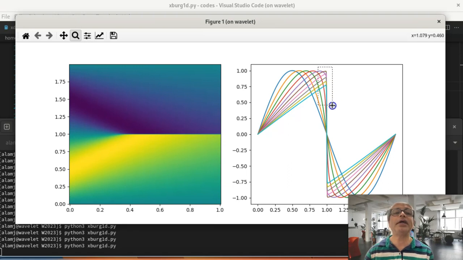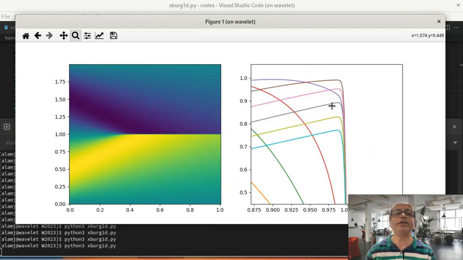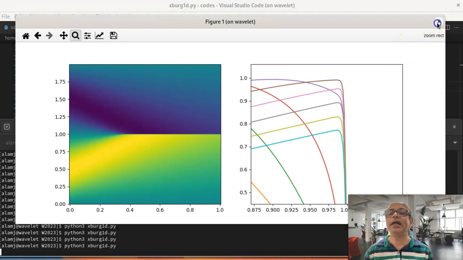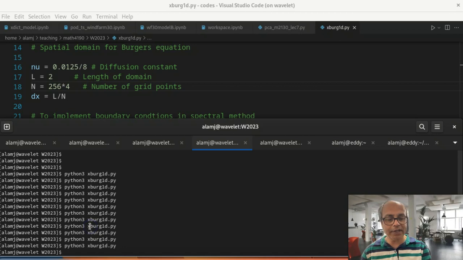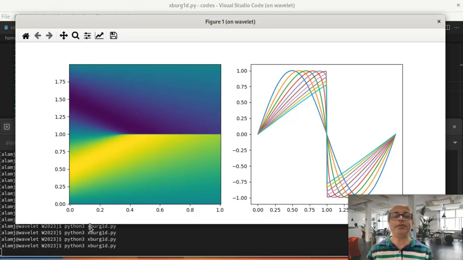If I zoom in here, I see the oscillations are almost gone. So what it means is that if the Reynolds number is large, or if the viscous coefficient is small, we need many more grid points in order to capture the shock development.